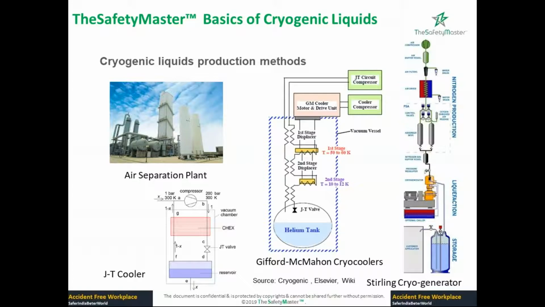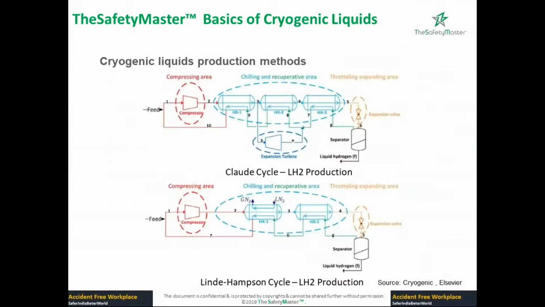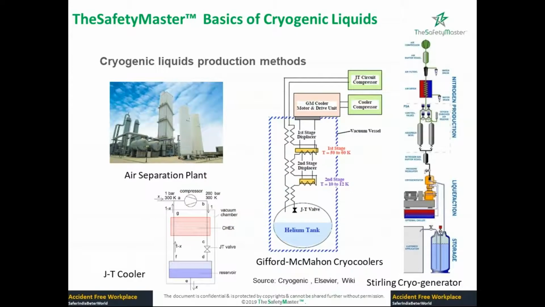And then there are two liquefier cycles, which are generally used in many cryogenic applications: the Claude cycle and the Linde-Hampson cycle. The one you saw previously is for producing cryogenic liquids like liquid nitrogen, liquid oxygen, liquid argon, and noble gases.